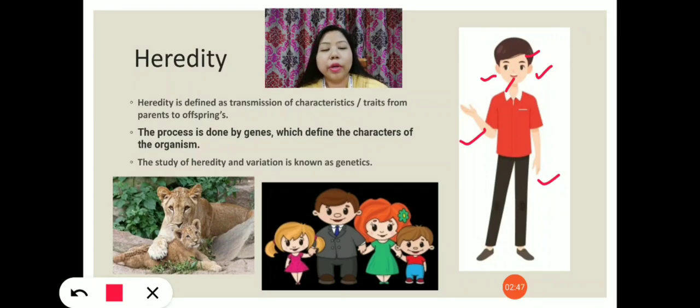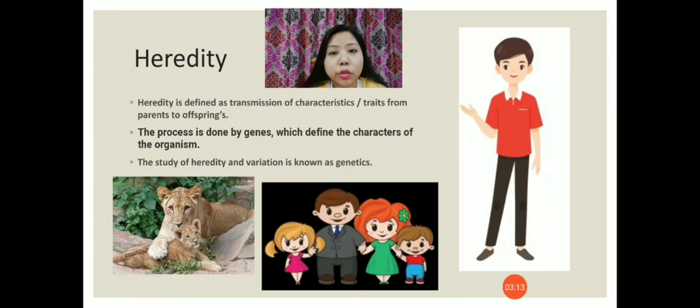Now if you look at the picture here, you will find that the children look similar to their parents but they are not identical. So why is it so? Why do offspring look similar to the parents? It is due to the inheritance of the traits or characteristics from the parents. So this is known as heredity.